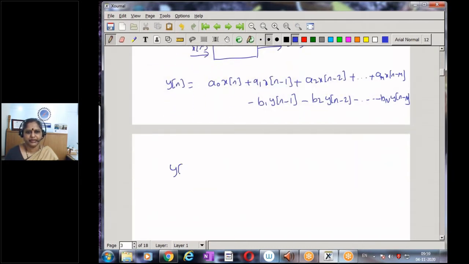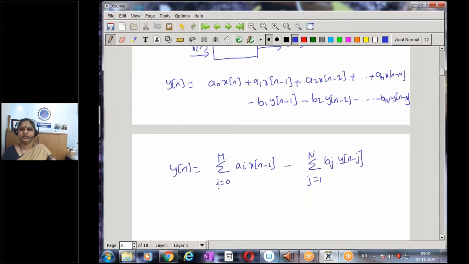Or I can write the above as sigma i equal to 0 to m of ai x[n minus i] minus sigma j equal to 1 to N of bj y[n minus j].